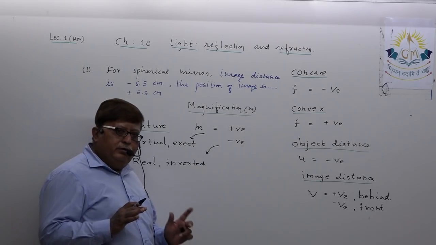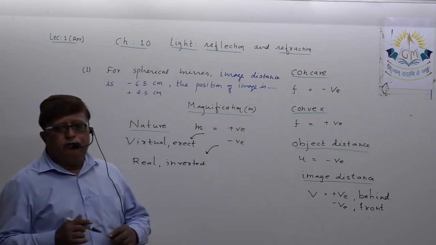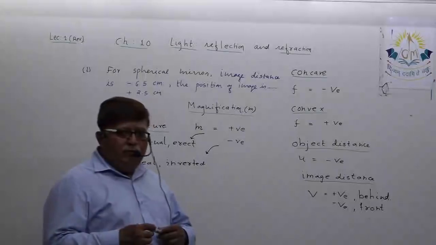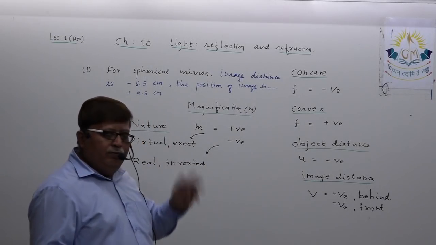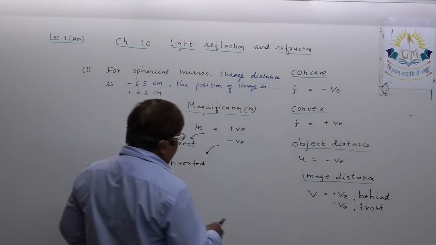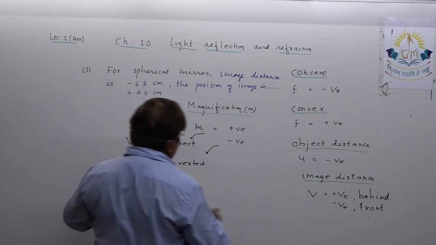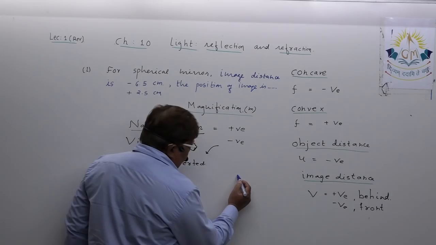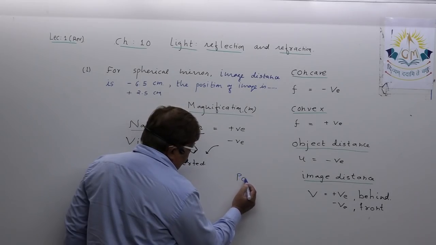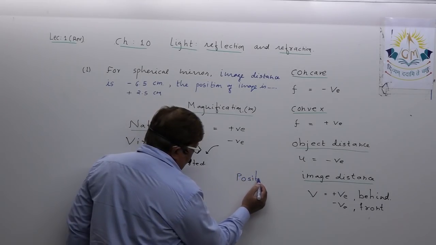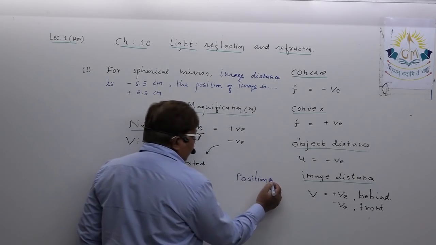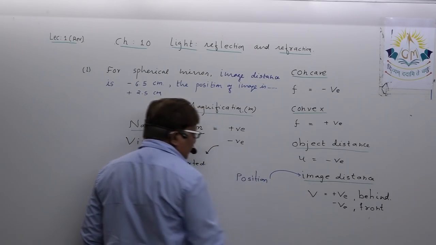Okay, these concepts, dear student, I have spoken three words. Understood? Which were those three words I just mentioned? I mentioned one word, position of image, that you can ascertain from image distance.